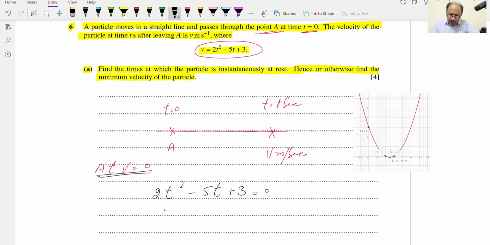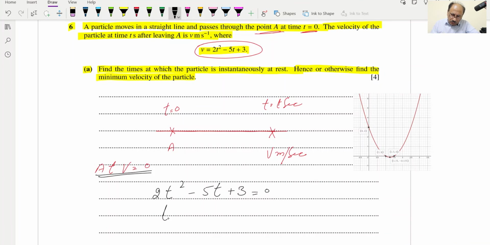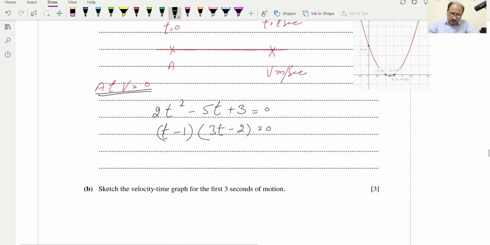We can solve this quadratic equation: the coefficient of t squared is 2, the coefficient of t is minus 5, and the constant value is 3. So this will give us 3 by 2 and 1. So t minus 1 and 2t minus 3 equal to 0, and these will be the factors.